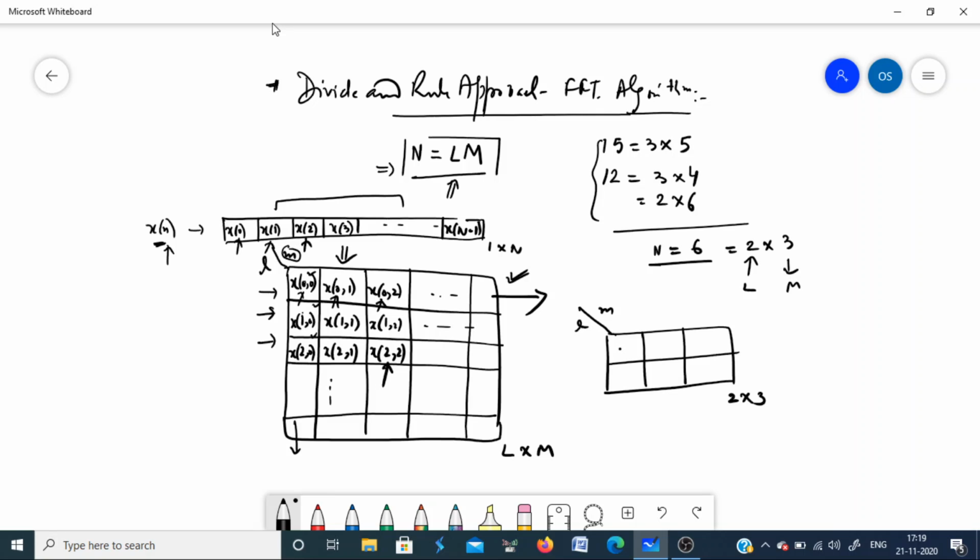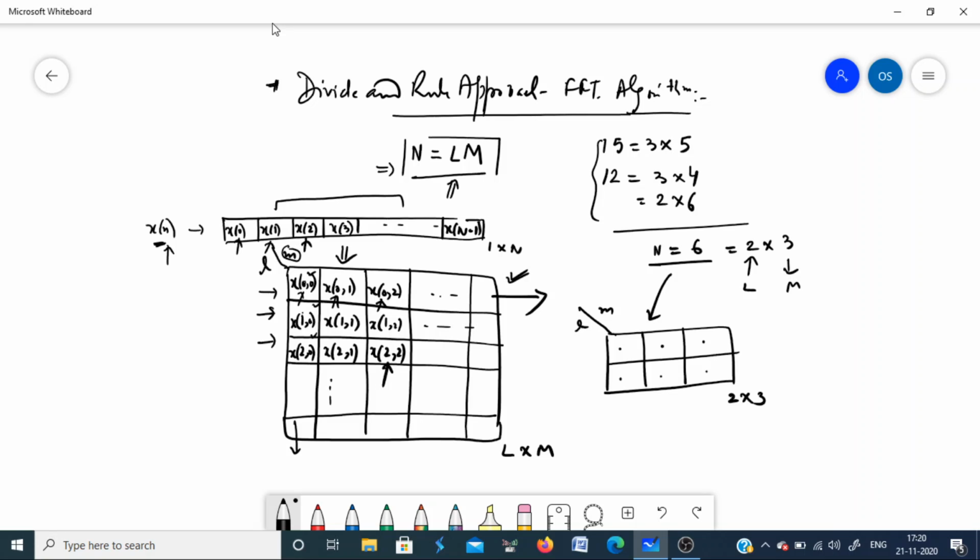So this is x00, x01, x02, and x10, x11, x12. N is equal to 6, so you have 6 elements in the input vector, and they should now be mapped into this two-dimensional array.